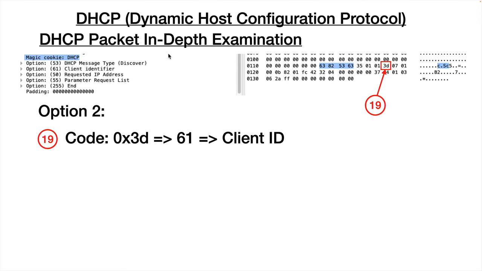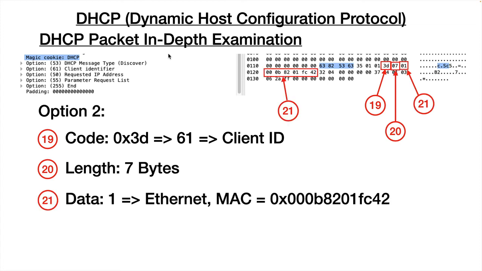The second option starts with 3D, hexadecimal. 3D hex is 61, which means I'm going to give you a client ID. The length is 7 bytes. And the data first has a 1, which means Ethernet.